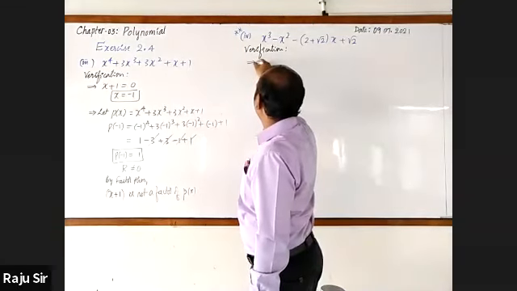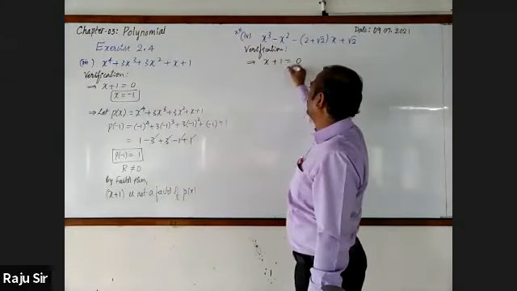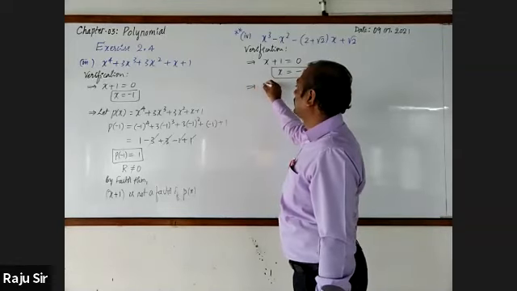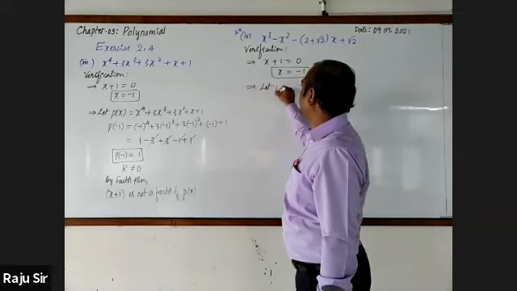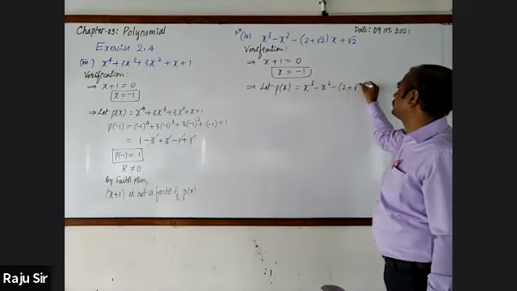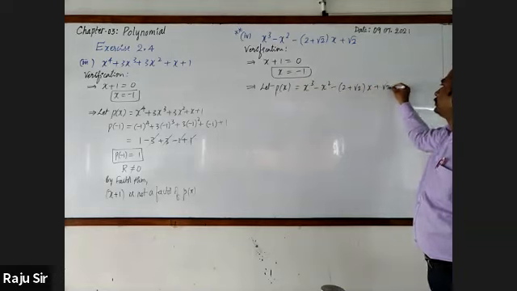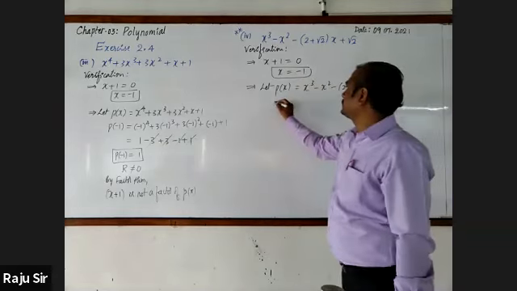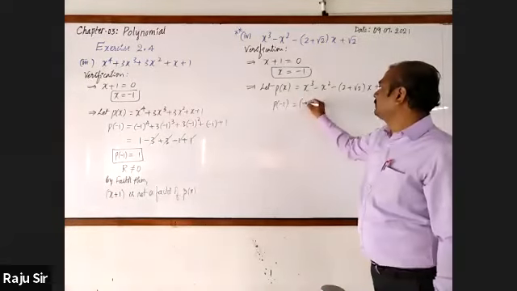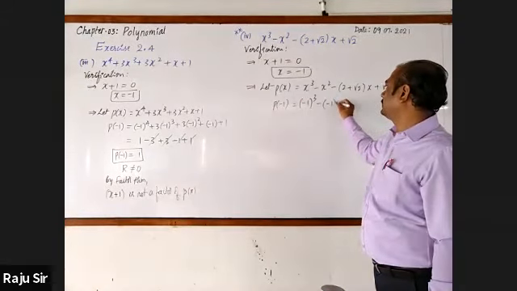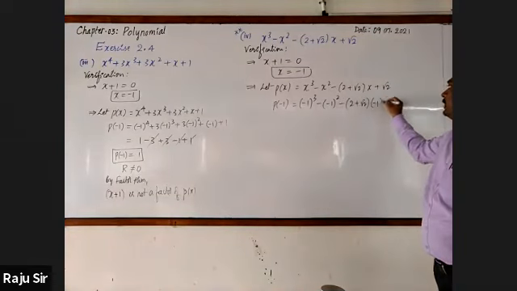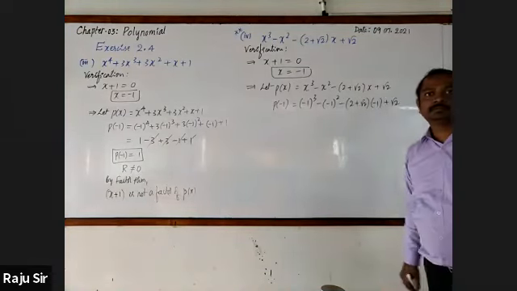Right. X plus 1 is equal to 0, x equal to minus 1. Let p of x be equal to x cube minus x square minus of 2 plus root 2 into x plus root 2. Substitute minus 1 in place of x. It is minus 1 whole cube minus of minus 1 whole square minus of 2 plus root 2 into minus 1 plus root 2.